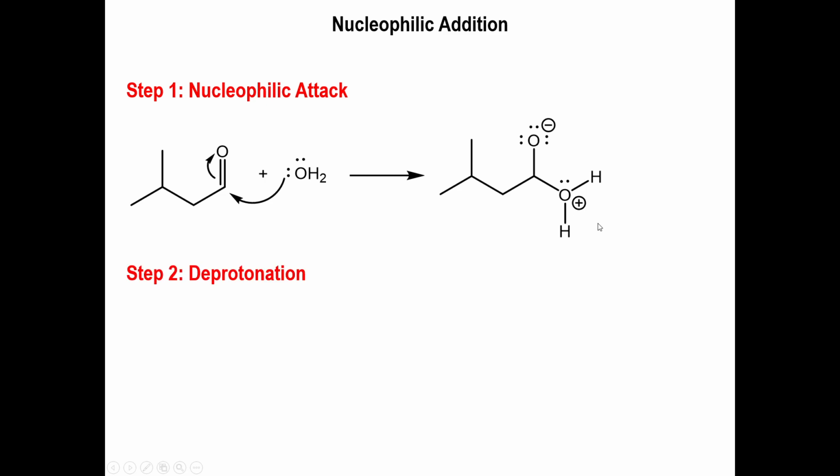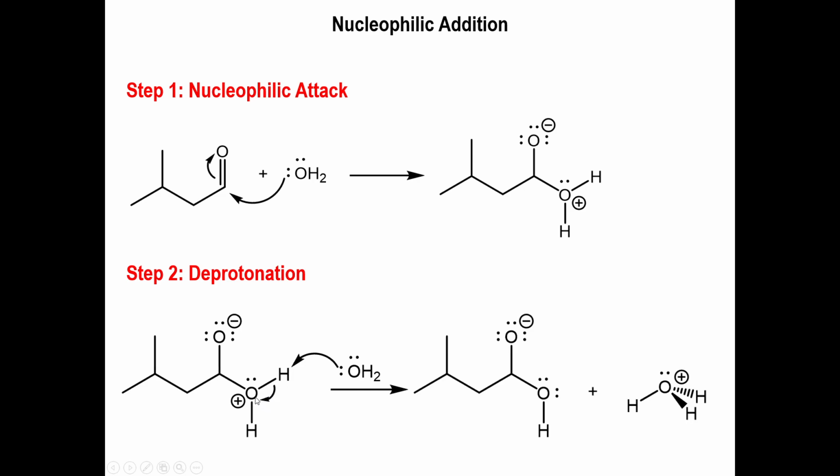So usually what happens here is that there's a proton reshuffle to lower the formal charges in the molecule. So first you deprotonate the molecule, and basically another molecule of water can do the trick. Just have that second water molecule remove the proton from the oxonium cation. That moves the electrons of that OH bond directly to the oxygen, making that oxygen neutral.